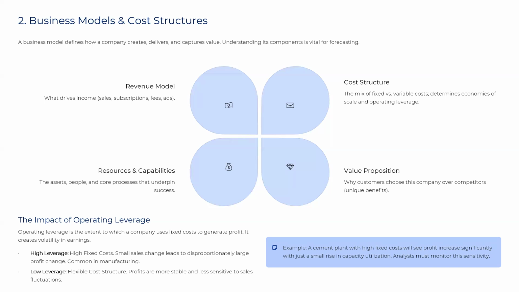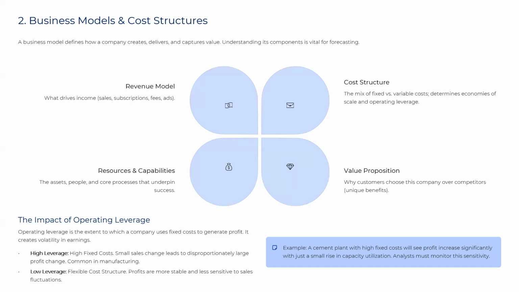What this means is that with a small sales change, say before you had 50 million in sales, and there is a small difference in the sales, your fixed cost is still the same.